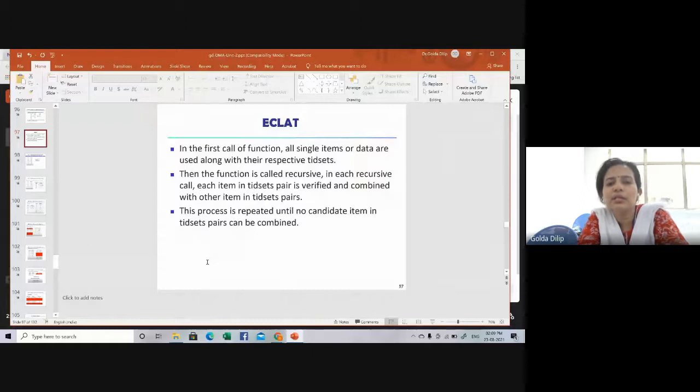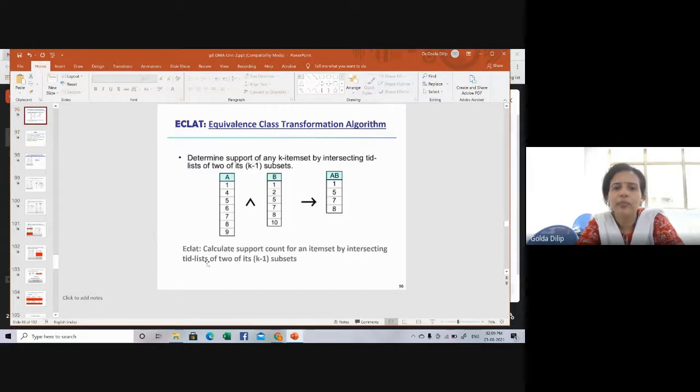Then the function is called recursively. In each recursive call, each item in the TID set pair is verified and combined with the other item in the TID sets pair. This process is repeated until no candidate item set can be combined. So that's what your ECLAT algorithm is all about.